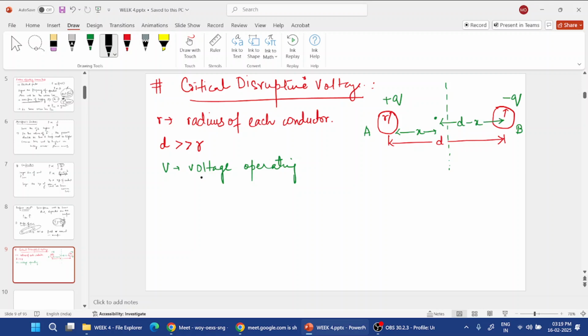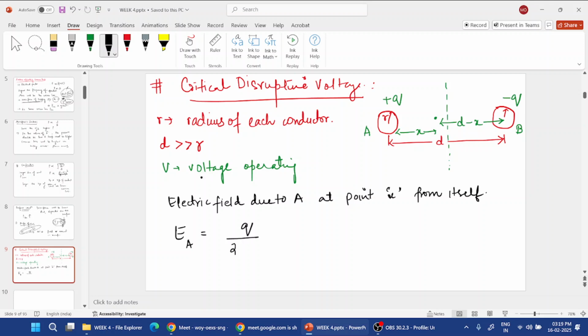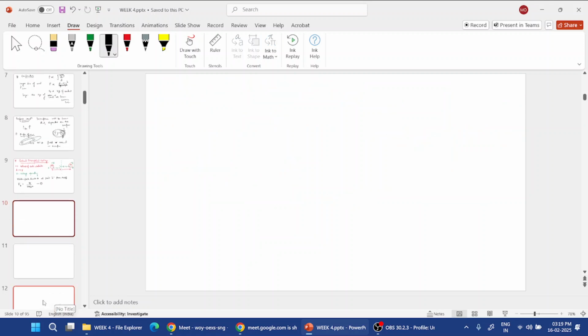So first of all, the electric field due to A at point x from itself. Let's say it is EA, which is equal to q upon 2 pi epsilon naught x. Let's put this as equation number 1.